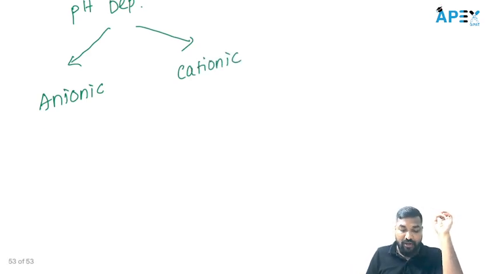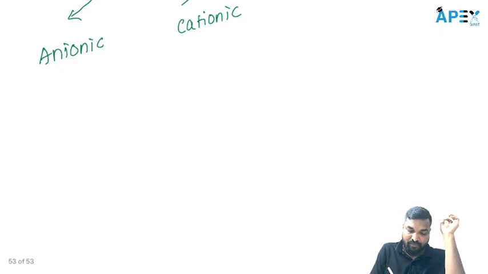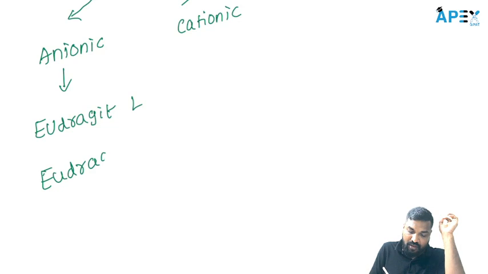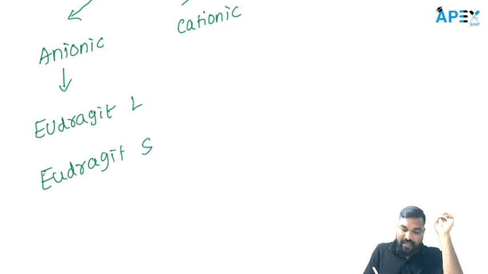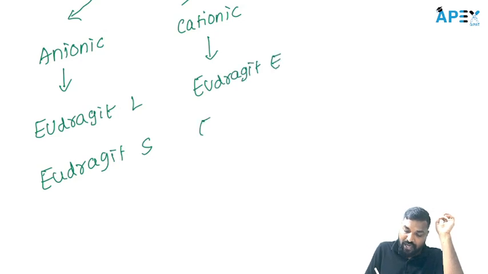What are the anionic Eudragits? So here we have two: Eudragit L and Eudragit S. In the cationic Eudragits, we have Eudragit E and Eudragit EPO.